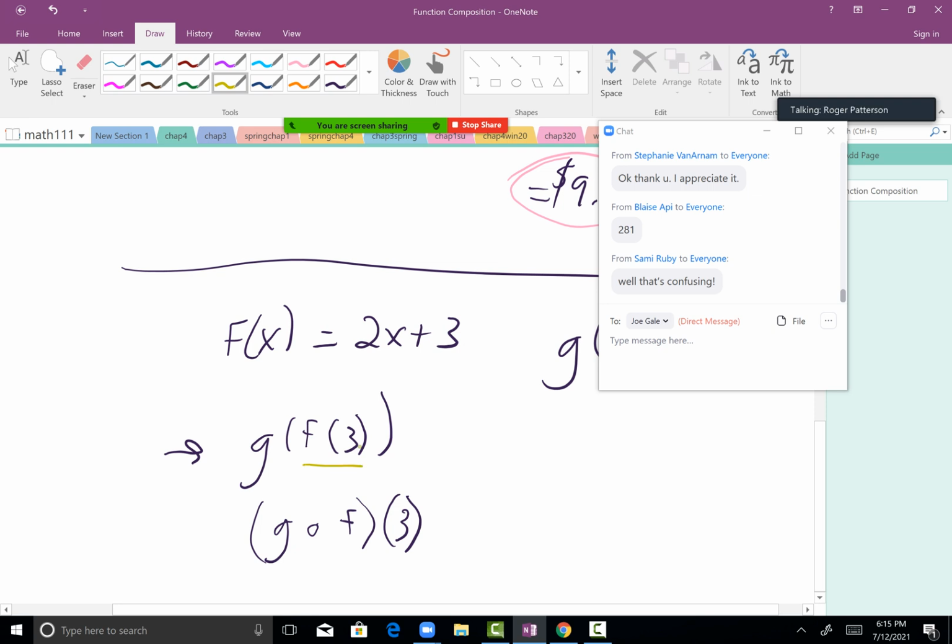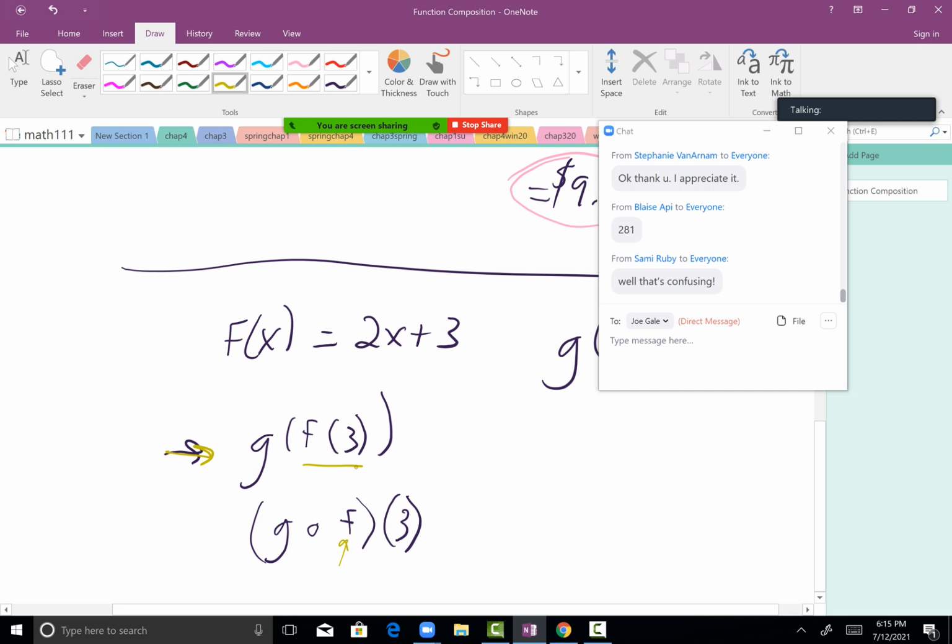Inside out. I'm taking my hands. You can't see me, but I'm going inside out. So I like this form. I'm starting with the inside guy. I'm going to take f of 3 first, and then I'm going to take g of whatever that result is.